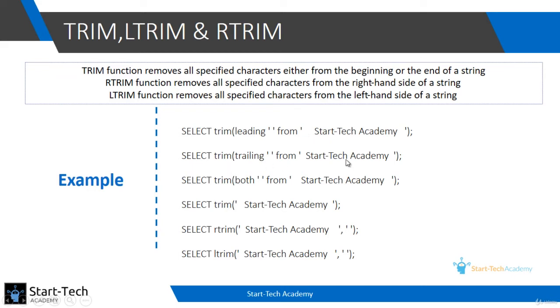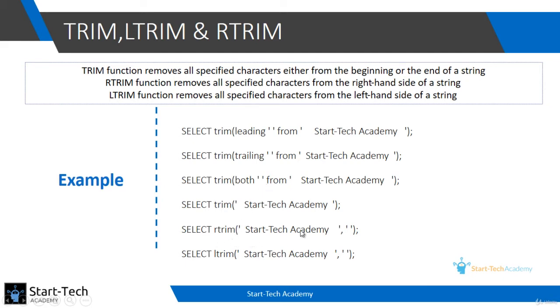If you mention trailing, it will only remove these spaces, not these spaces. If you mention both, it will remove spaces from both sides. If you do not mention any of these, by default it will remove from both sides. If you do not even mention this character, it will still remove the spaces because the default character is space. If it had been any other character, you need to mention that particular character.